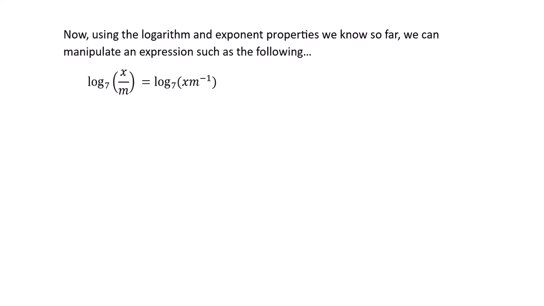Now, using the product property of logarithms, this is equivalent to log base 7 of x plus the log base 7 of m to the negative 1. Now, our power property of logs says that this is equivalent to log base 7 of x minus log base 7 of m.